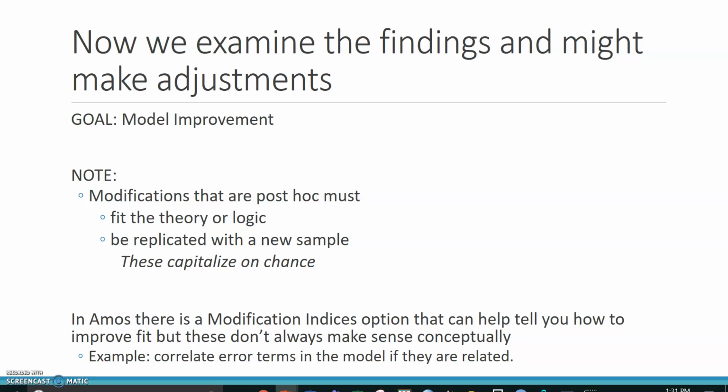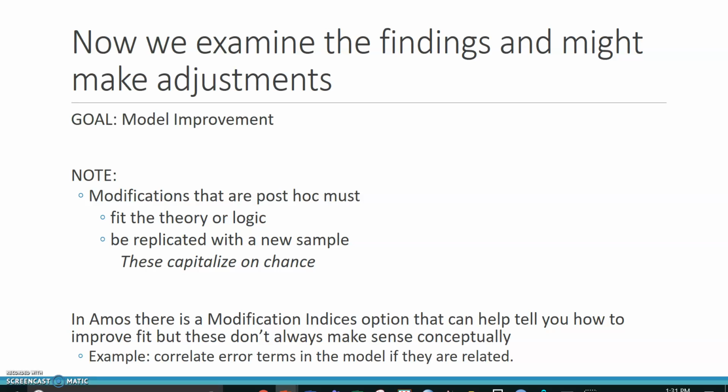So you have come up with this really important theoretical model, and you have now found that it doesn't fit as well, or something isn't significant, or items don't load onto factors the way that they should, and you're like, if I got rid of this stuff that didn't work, I bet I could get a better model.